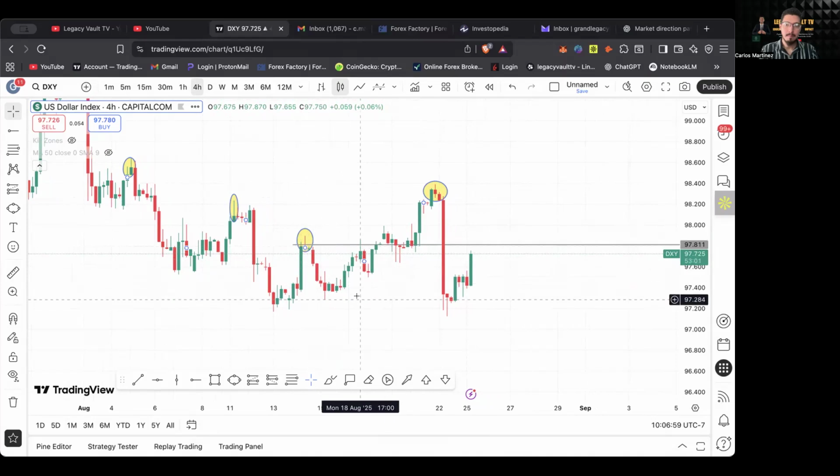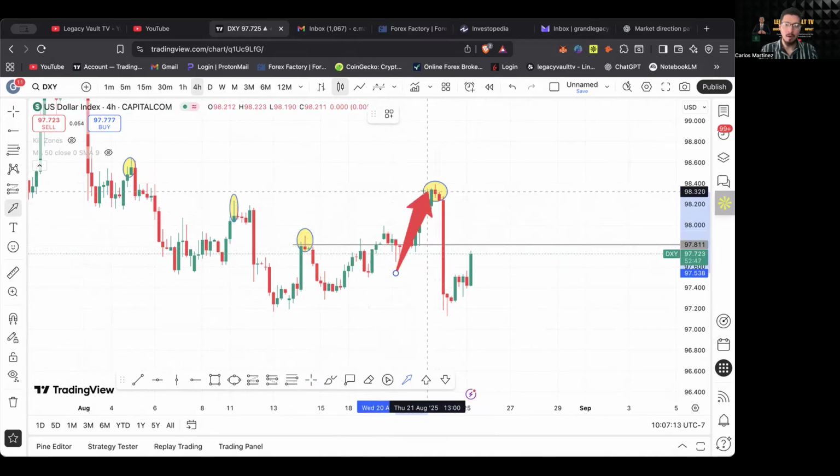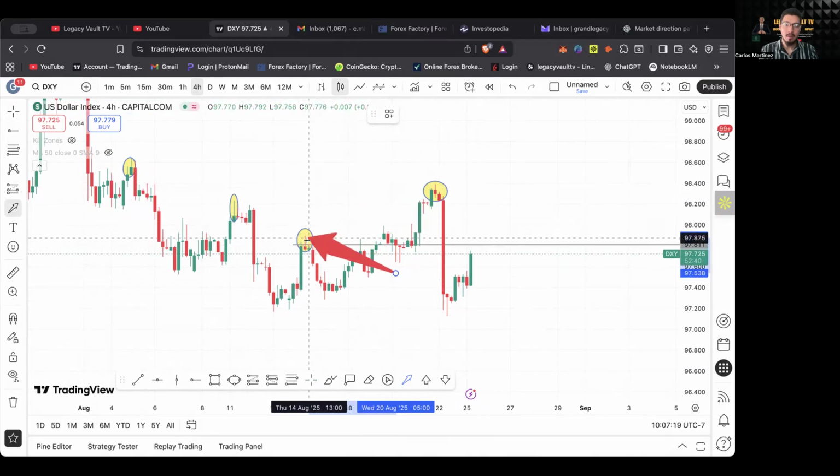Price failed to create another lower high, and instead it broke above this price level and created a higher high because this high is higher than this previous high.